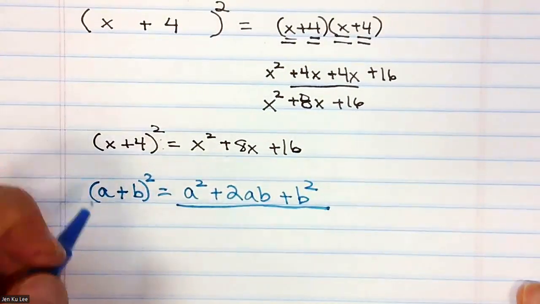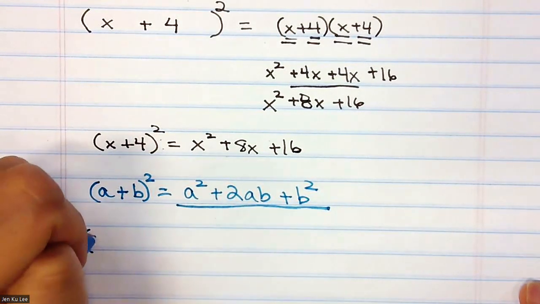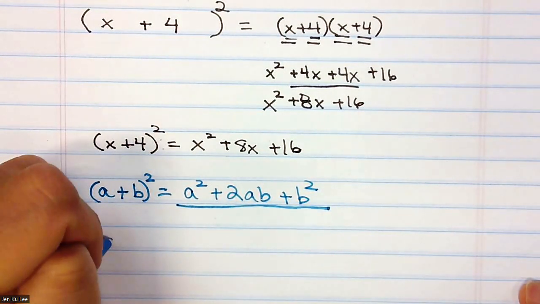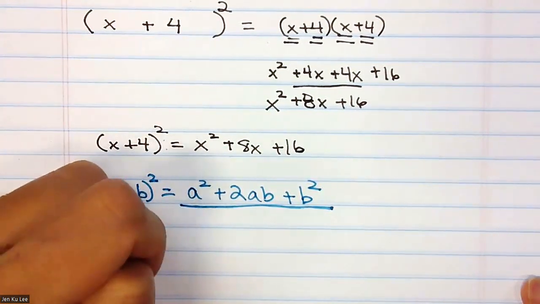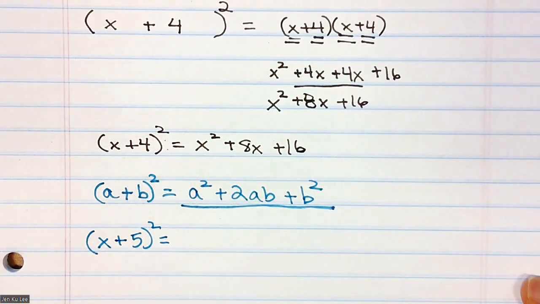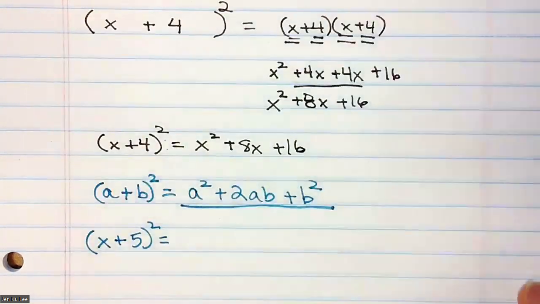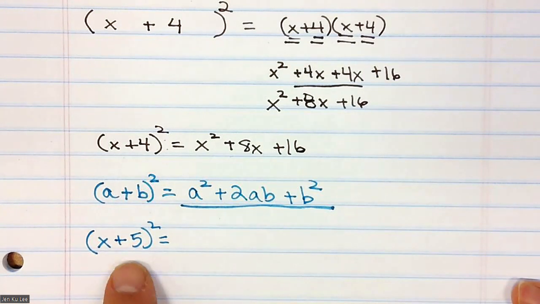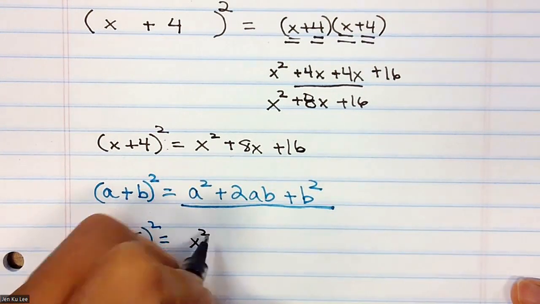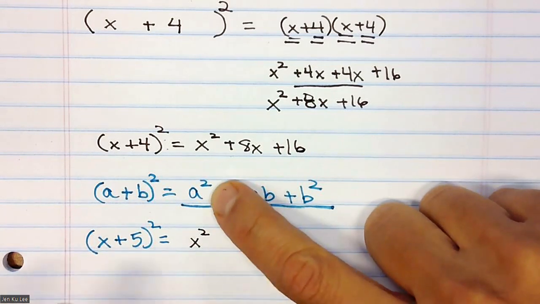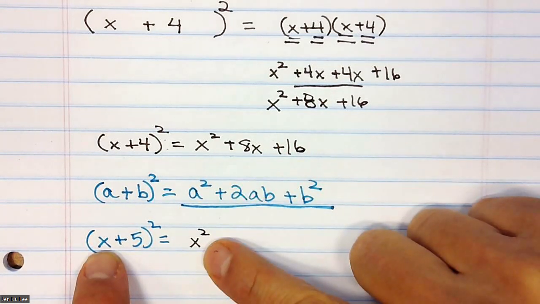Okay. All right. So what I want you to do is use that formula on x plus 5 quantity squared. If we use this formula here to simplify or to multiply this, you don't have to use the box method or FOIL. You can just go. So that's the first term squared, a squared, so that's x squared here.